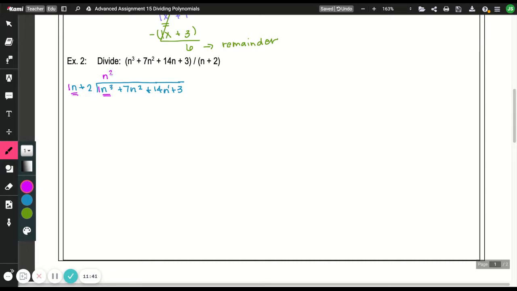To get 3 of them, I need to multiply by 2 more. Once you get that number on top, you're going to multiply it by both of those terms in front. So n squared times n to the first is n to the third, and we line it up under the other term with the same exponent so that we're going to be able to subtract straight down. N to the second times 2 is 2n to the second.